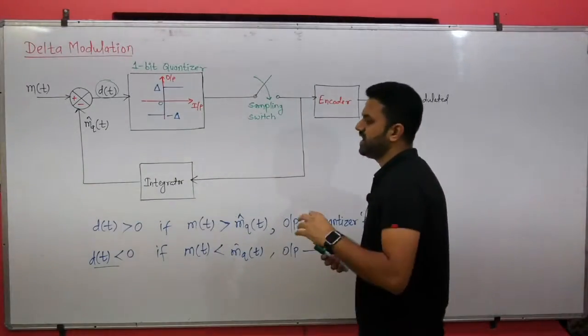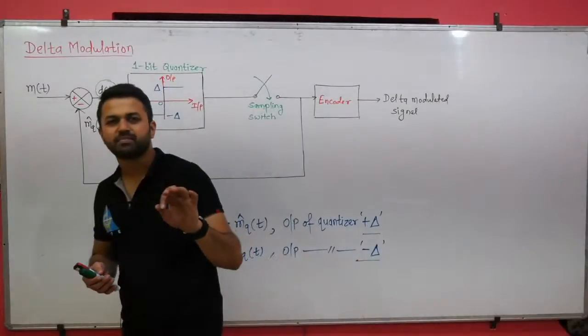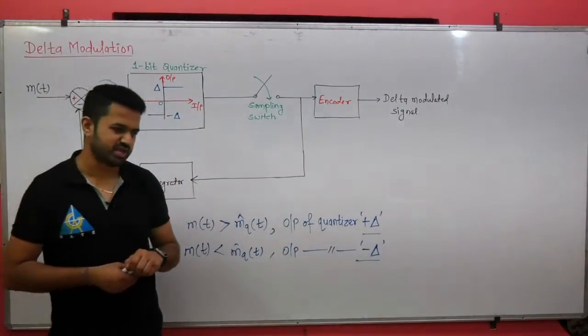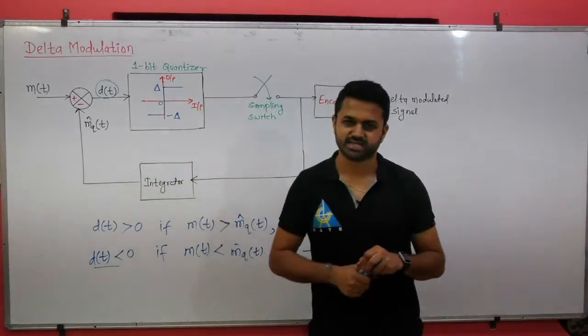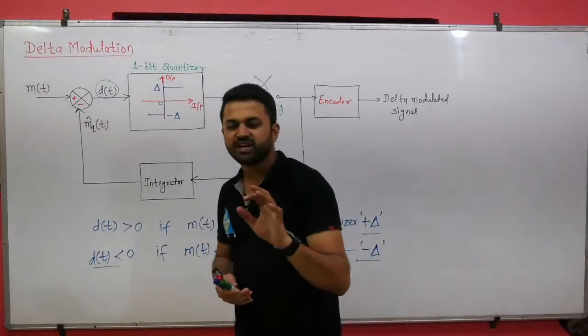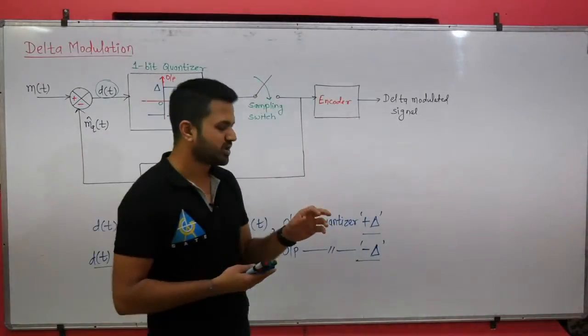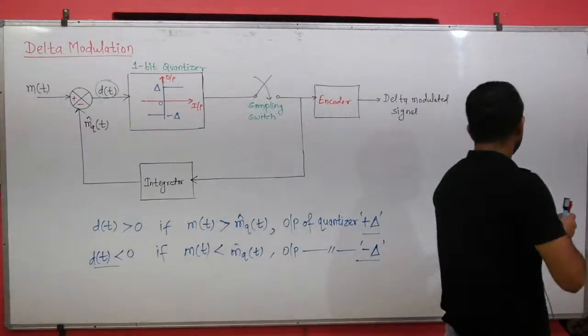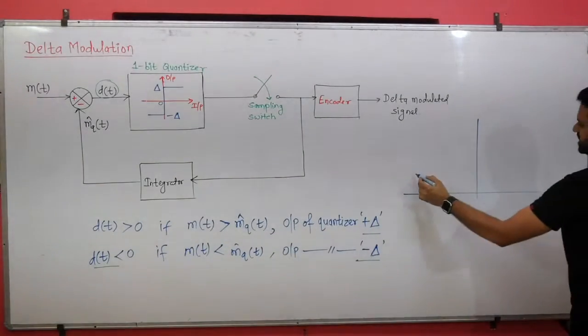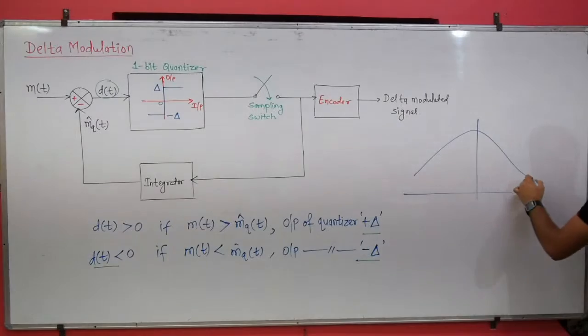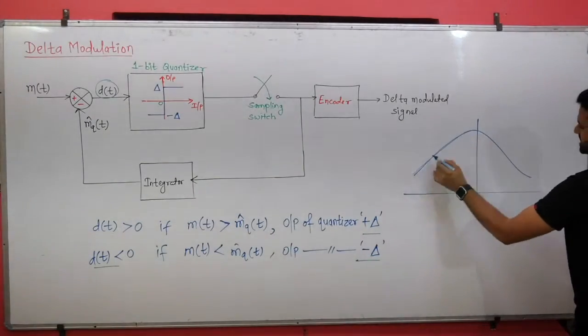So this point is clear to everyone, I think. Okay. Now I was asking you what is the principle behind delta modulation and why we are able to use this 1-bit quantizer. What we discussed in differential pulse code modulation: the speech signal has an autocorrelation function like this.